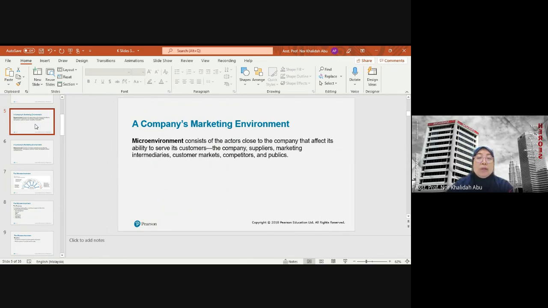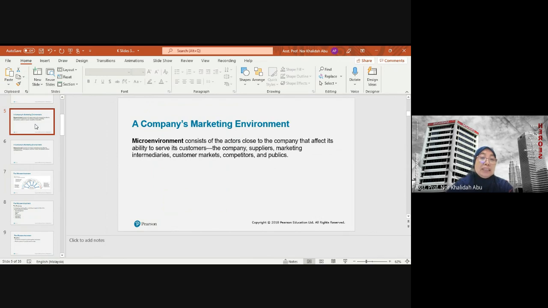So when you say it's close, any activities that you do as a company could have impact on some of these actors because they're very close to you, and vice versa, meaning that anything that they do or anything that happened to them could have impact on you because these are the ones which are closest to you.